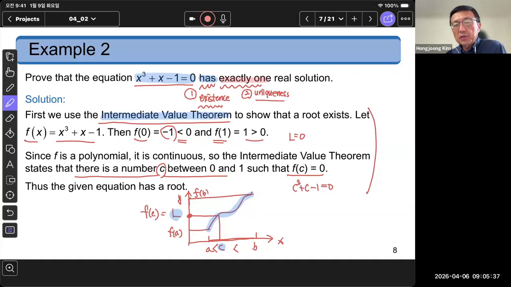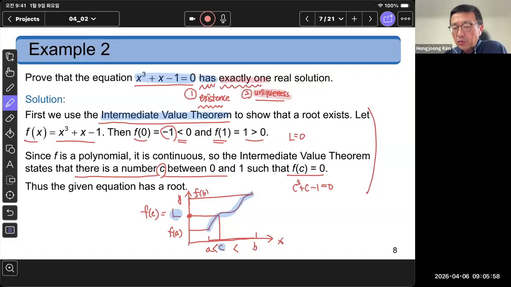To derive the contradiction, we use Rolle's theorem or the mean value theorem. Rolle's theorem, or the mean value theorem, can be used to show the uniqueness of the solution.